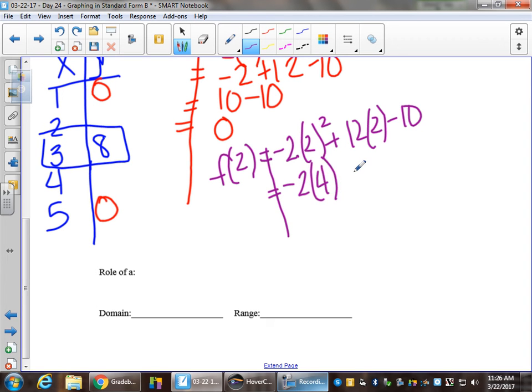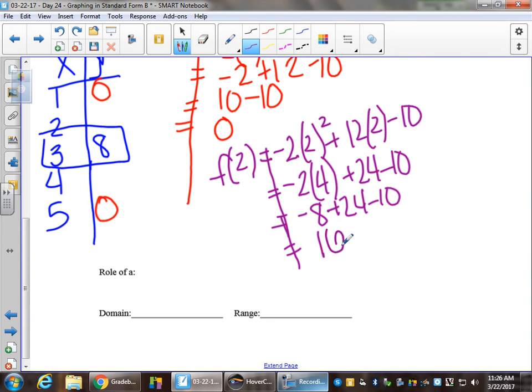Four, because 2 squared. 24. Awesome. And where's that 6 going to go?